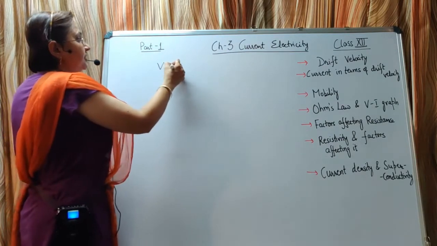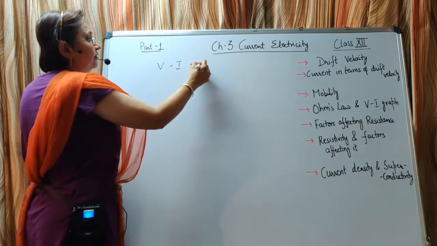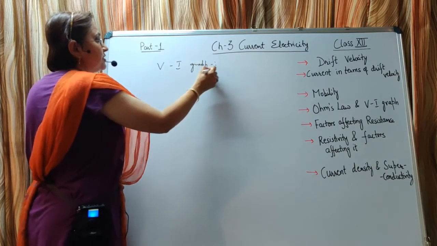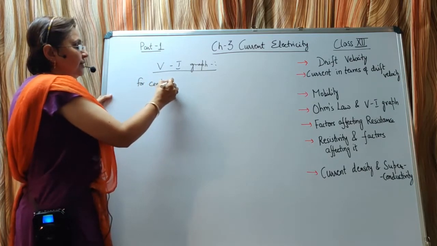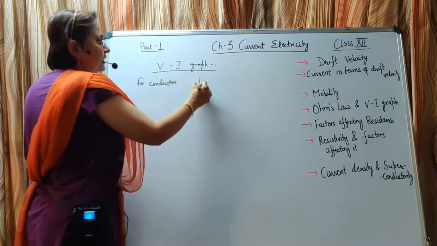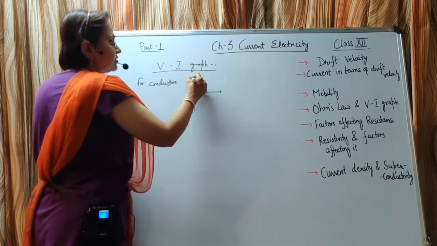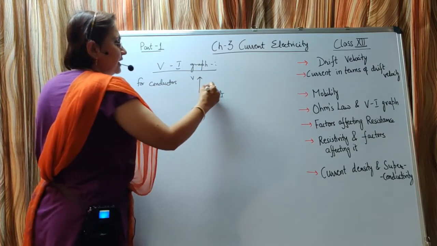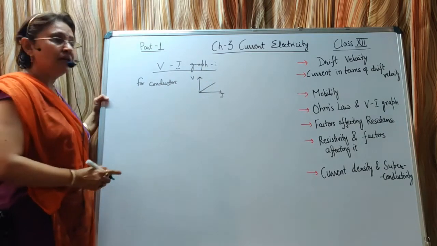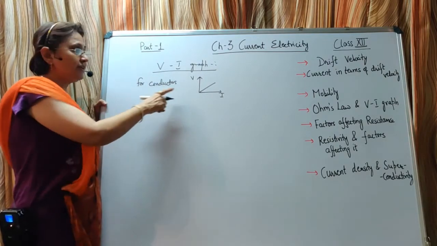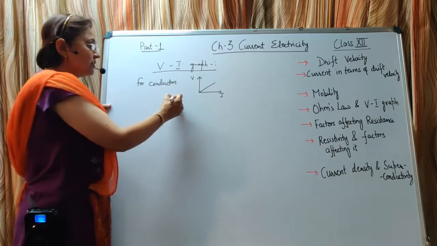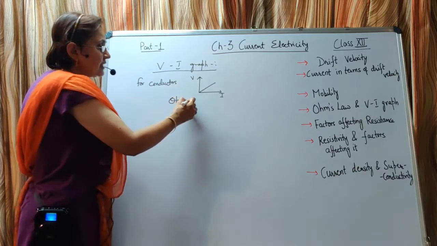Now let's study the VI graph for a few substances. For conductors, the VI graph is a straight line having a slope, that is, the graph is linear. Such substances whose VI graph is linear are called ohmic substances.